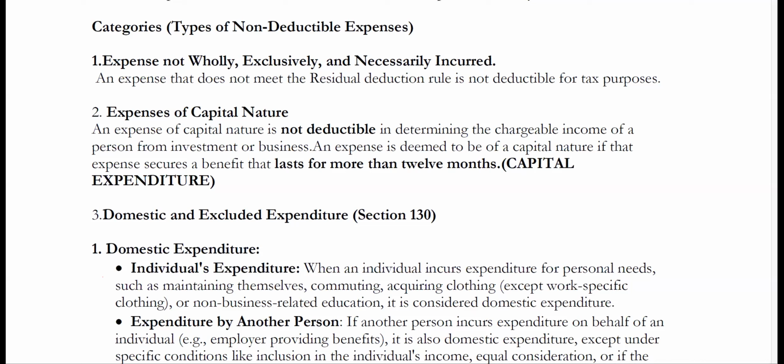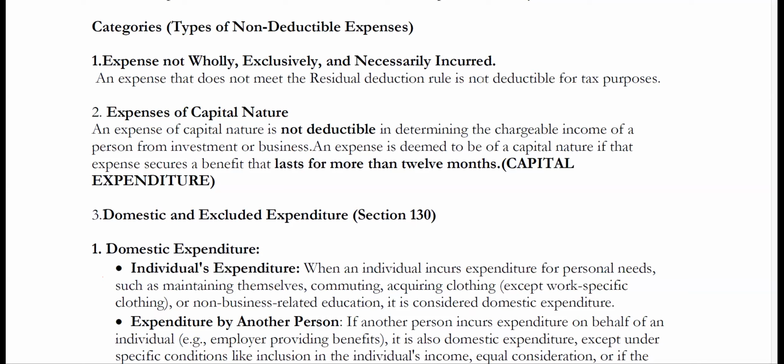Just explain the three for me. Wholly, exclusively, necessarily. When you say it's wholly, it means that the quantum of the amount you are spending must be directly related to the business. The whole amount.